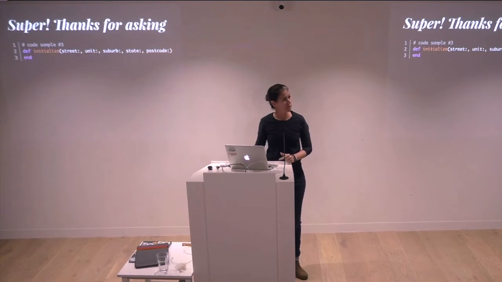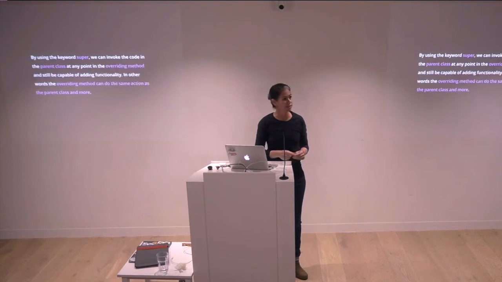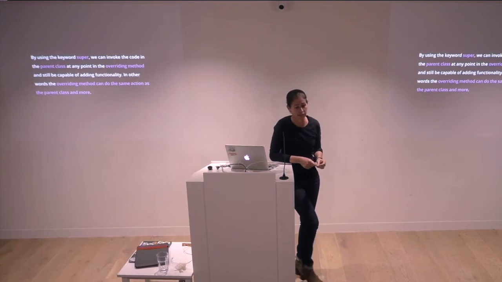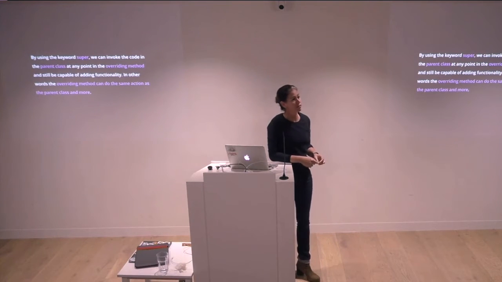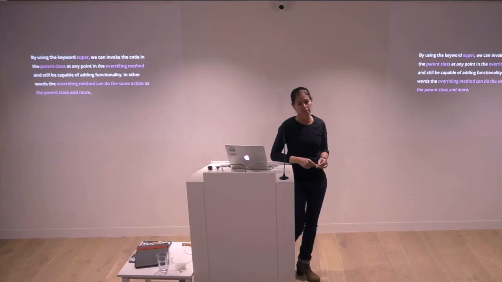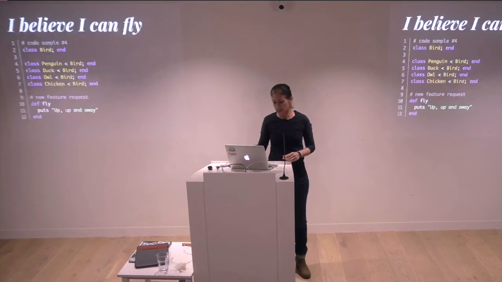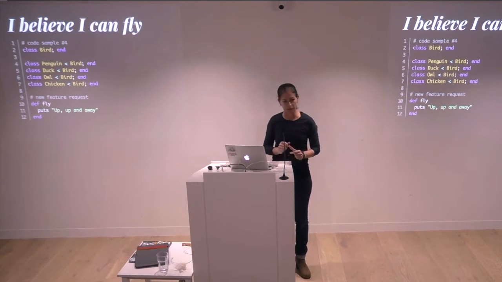But not really the topic of this talk. So let's continue. By using the keyword super, we can invoke the code in the parent class at any point in the overriding method and still be capable of adding functionality. In other words, the overriding method can do the same action as the parent class and more on top of that. Let's add some new feature requests for our birds.